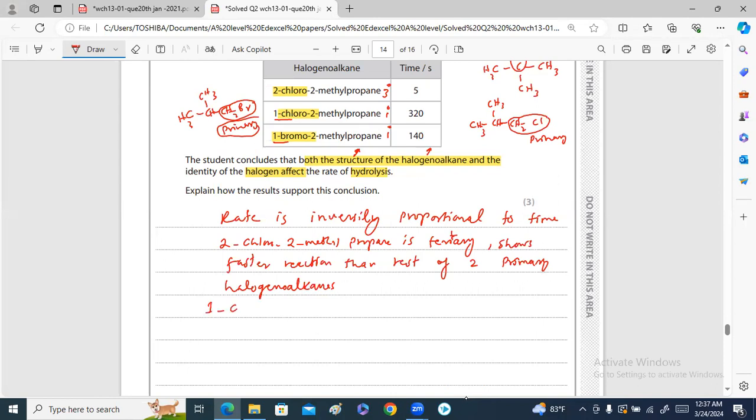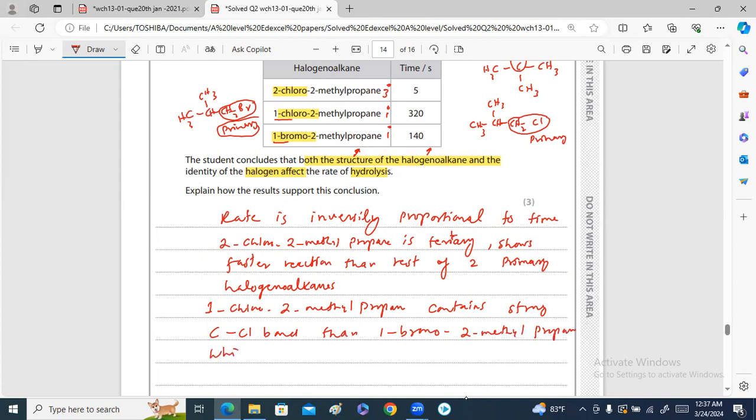So 1-chloro-2-methylpropane contains a strong C-Cl bond, then 1-bromo-2-methylpropane contains a C-Br bond.